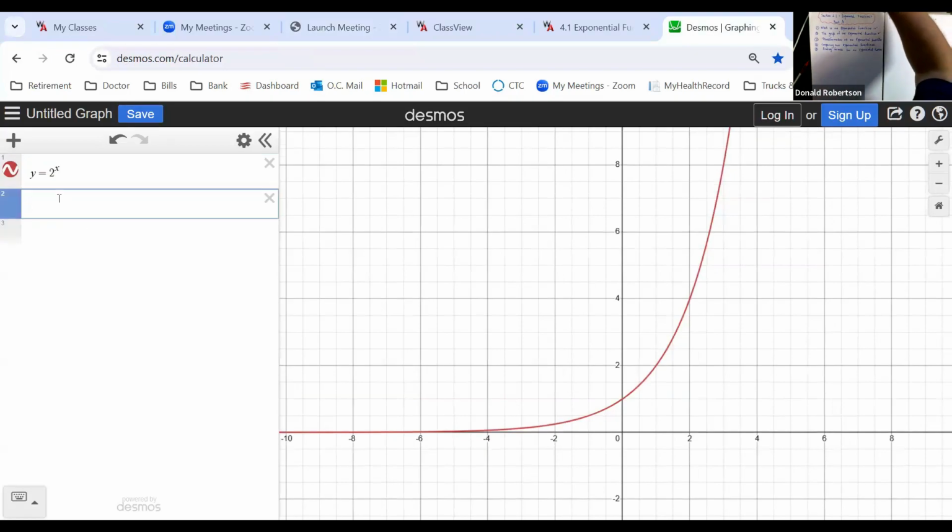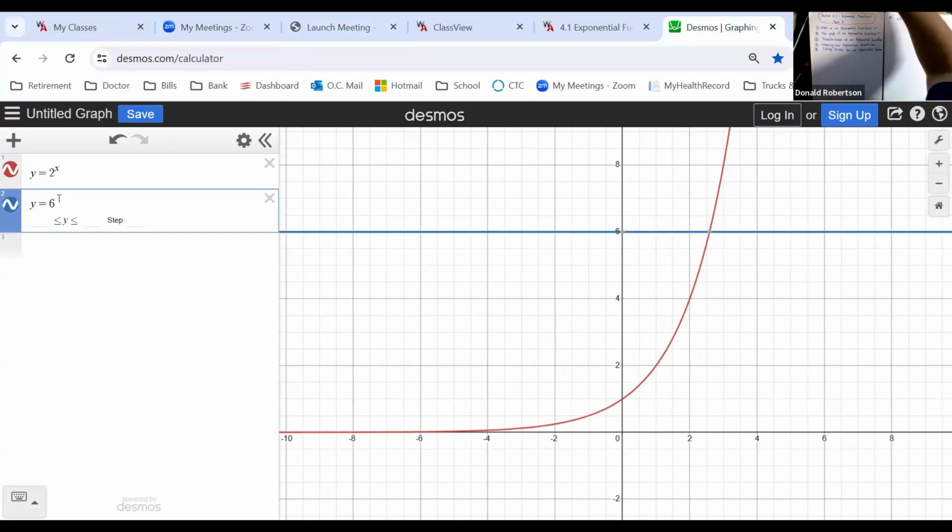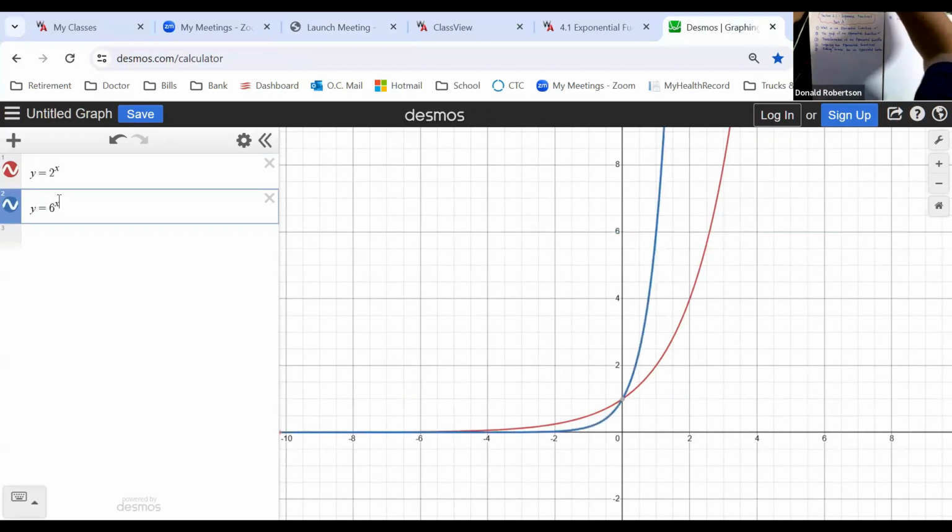Now I'm going to type in y equals 6 to the power of x. And you can see that although it has that basic shape, you can see it flatlining on the left, passing through the y-intercept at 1, and then climbing upwards. But it's also quite clear that 6 to the x gets bigger quicker.